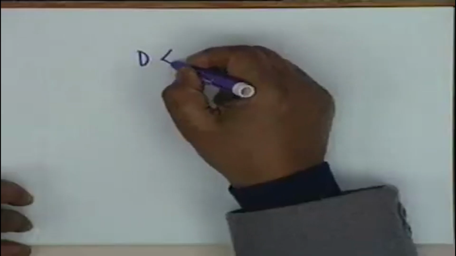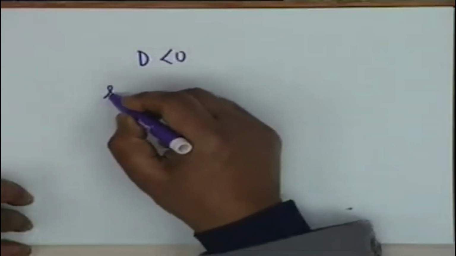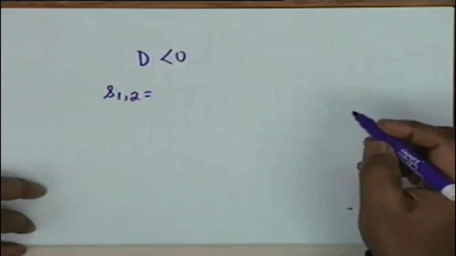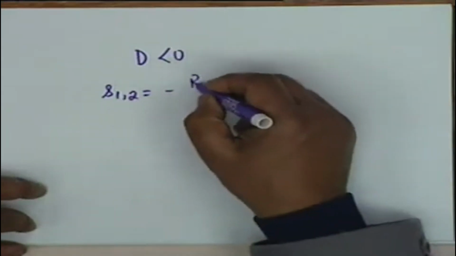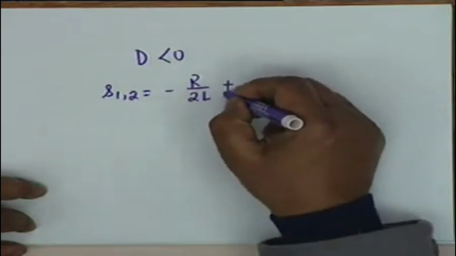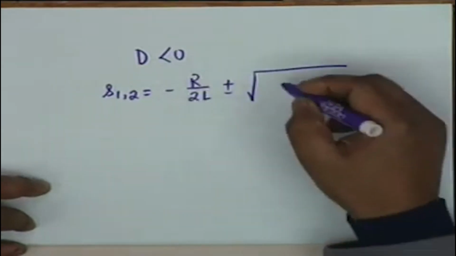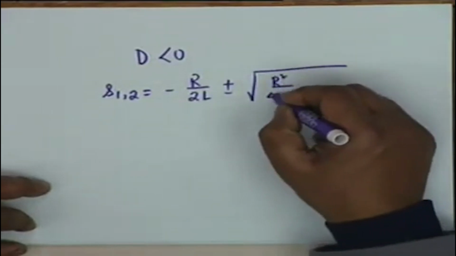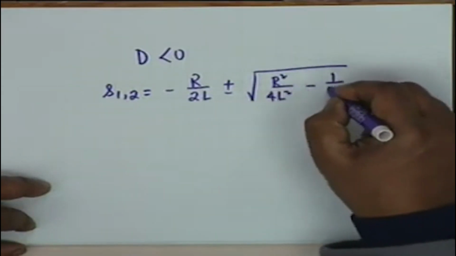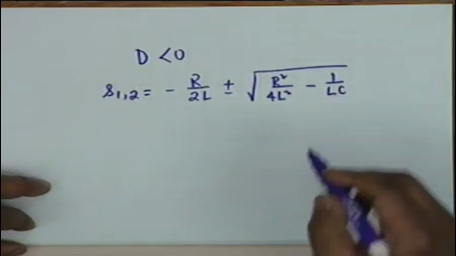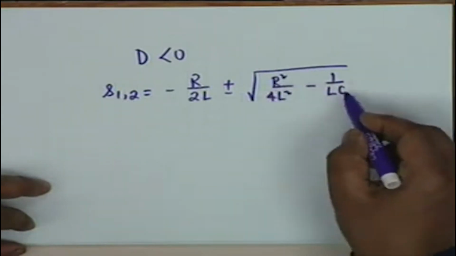Alright, first let us consider, we have considered capital D greater than 0, let us consider capital D less than 0. Then S1,2, the two roots are minus R/2L plus minus square root of D is less than 0, that is R squared by 4L squared is less than 1/LC, and therefore this quantity is negative.